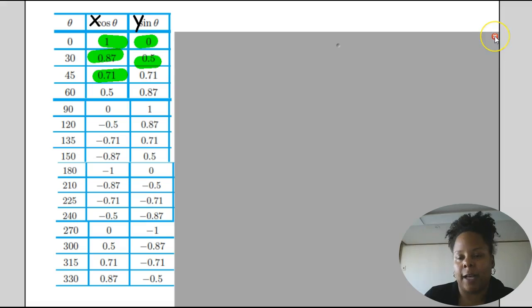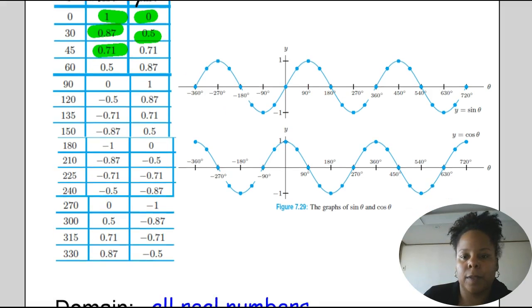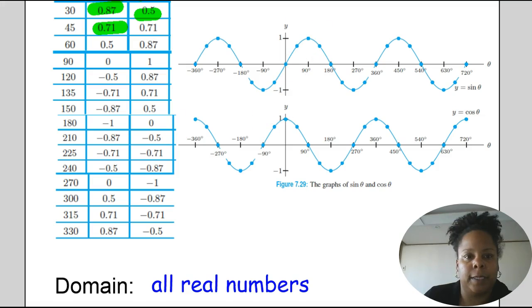So if I were to plot these values and connect them with curved lines, as we saw last video, we would get something that looks like this, which by definition are the general parent functions: the sine function and the cosine function. And some of you may notice that these look very similar, the top one being the sine function, and the bottom one being the cosine function.